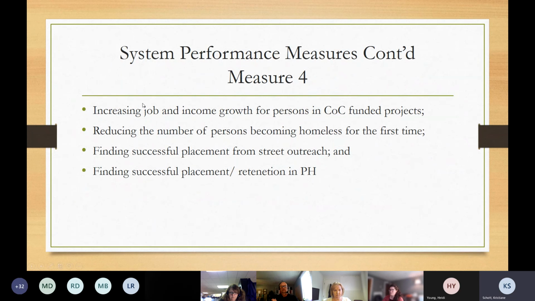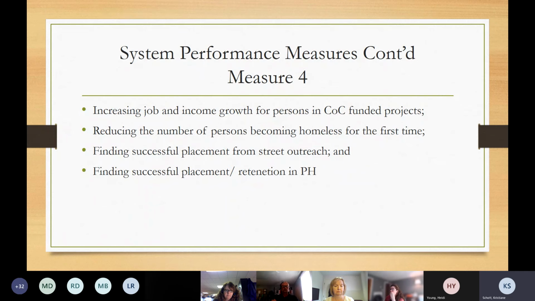System performance measure number 4 is very specific to continuum of care projects. It specifically looks at employment and income growth for anyone experiencing homelessness who is in a CoC funded project, which includes changes in earned income for anyone in the project during the reporting period, any changes in non-employment income, any changes in total income for people who remain in the project.